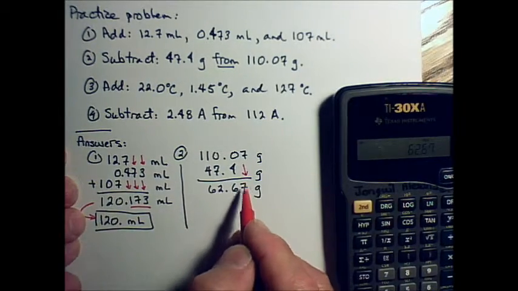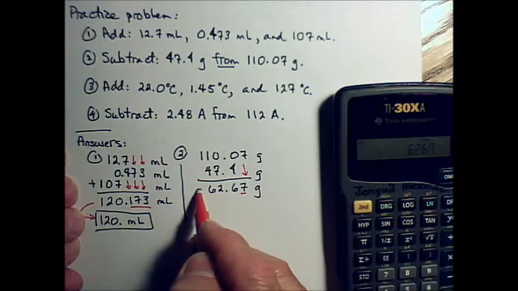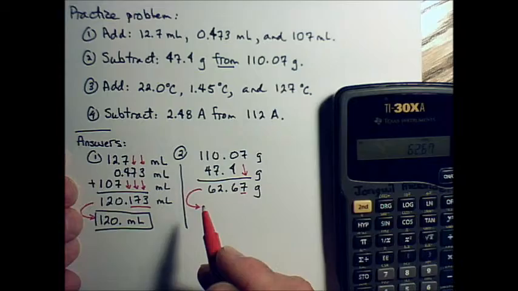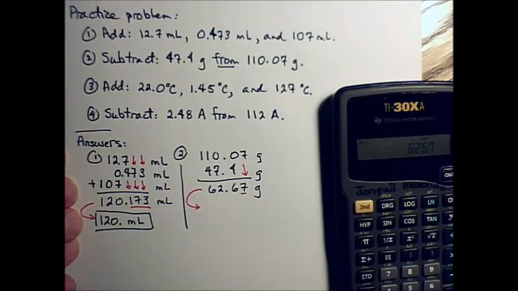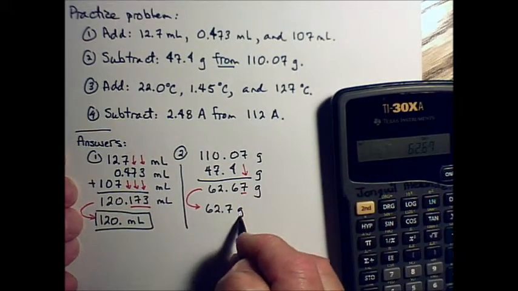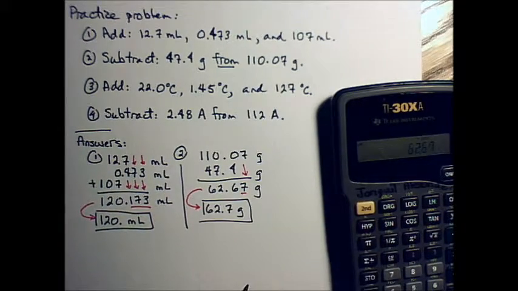It'll help you see that this gets underlined because it's insignificant. This arrow is required. You must show an arrow to show the relationship between your unrounded and rounded answers. The rounded answer then is 62.7 grams. And I'm going to put a box around it to show that's the final answer.